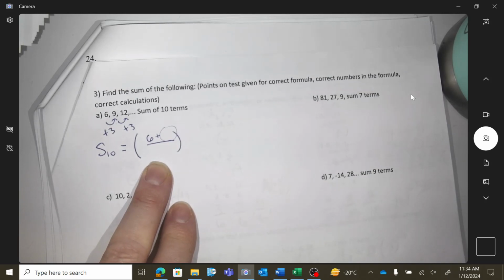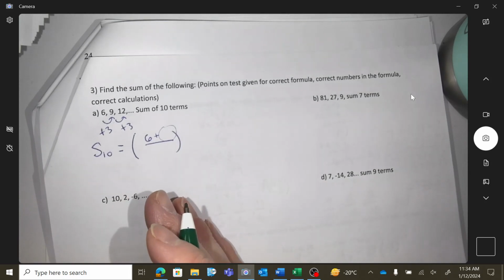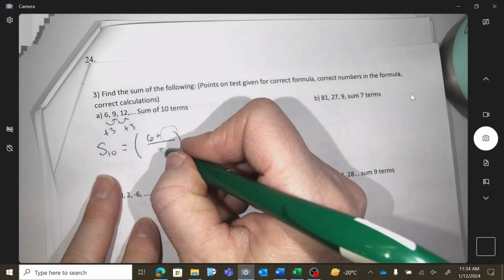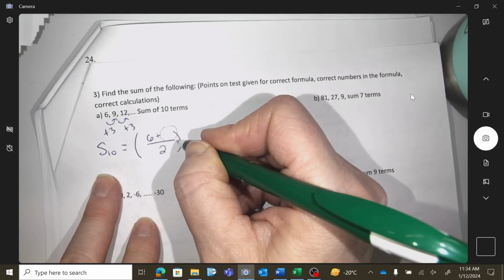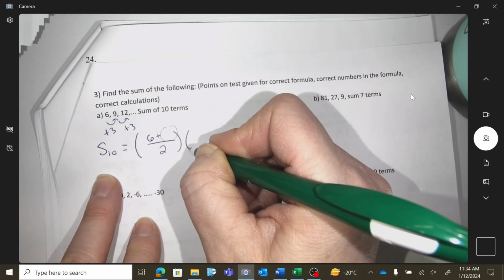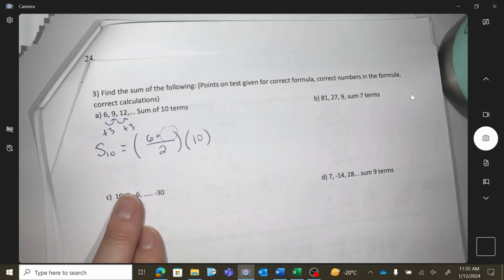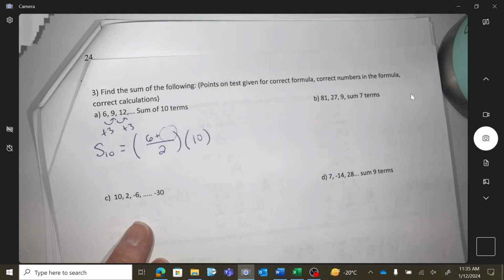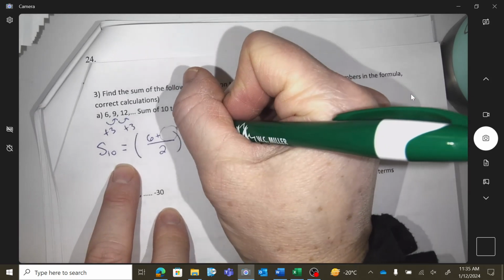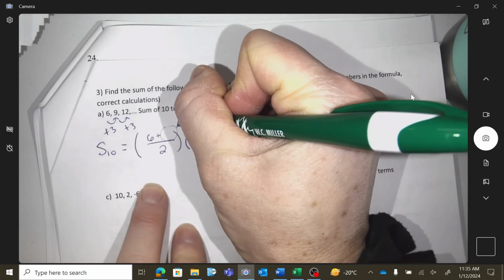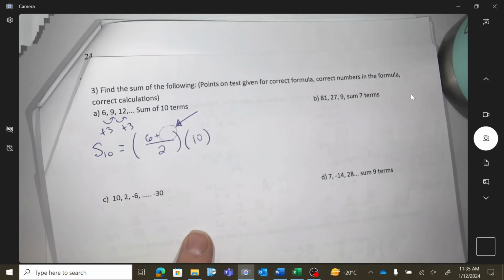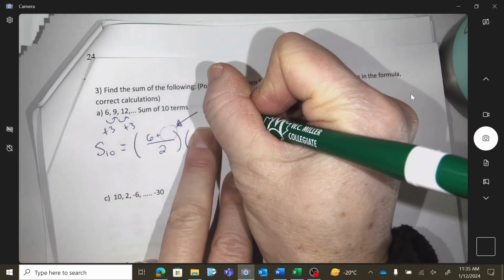I don't know the last term, aka the 10th term. So we're going to 10 terms. So now what do I do? I have to do a second equation, and I have to figure out the 10th term.